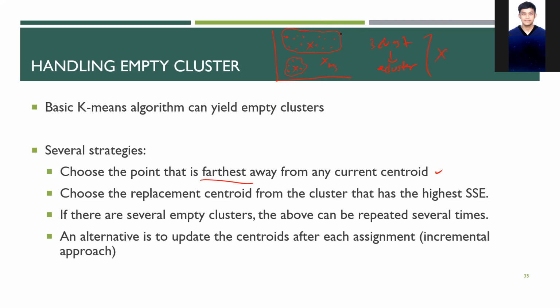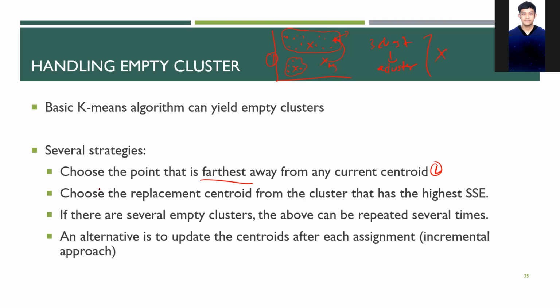For example, let's say this is the highest distance because it is far away from the center. So this data point will be used as the third centroid instead of this. So here the third centroid is moved to here. Okay, this is the first strategy.